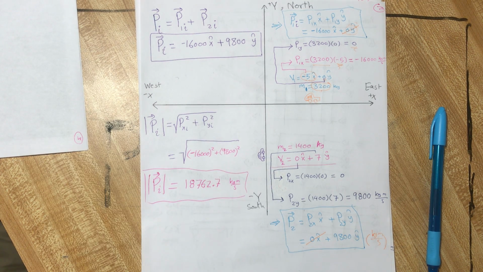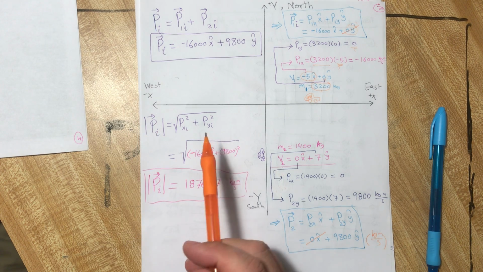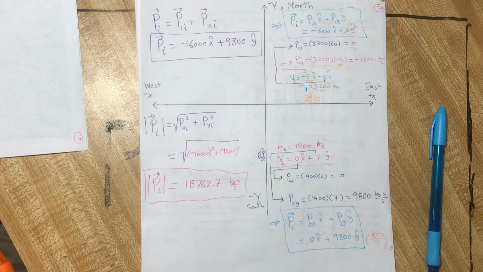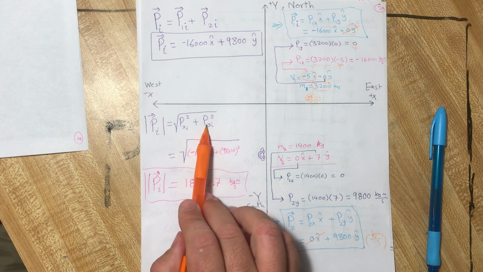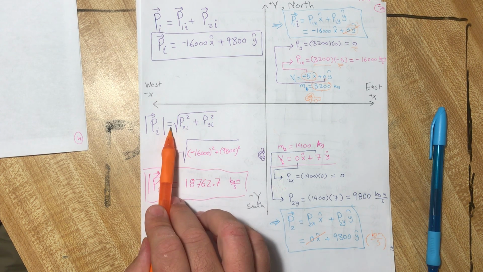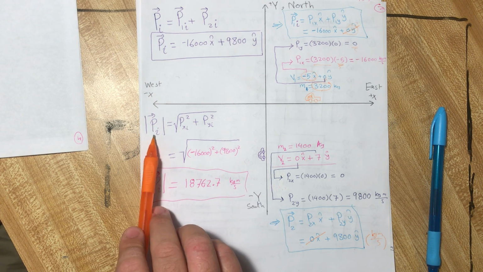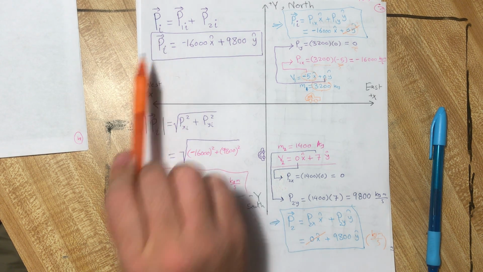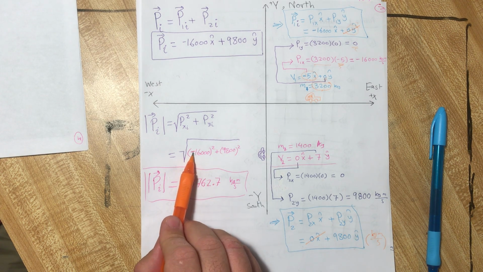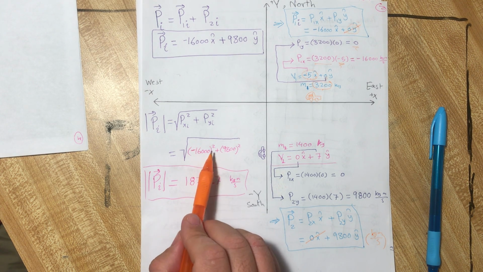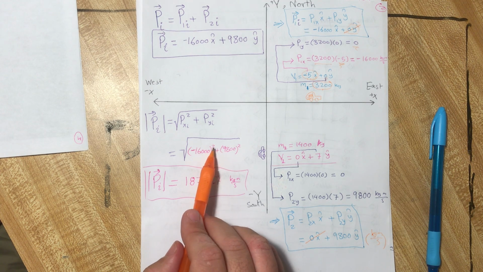We can find the magnitude of this vector, or the length of this vector. It is just using the Pythagorean theorem: px squared plus py squared under the root. Then we can find the magnitude of this momentum. Again, don't forget to put the minus sign between the parentheses to square it.